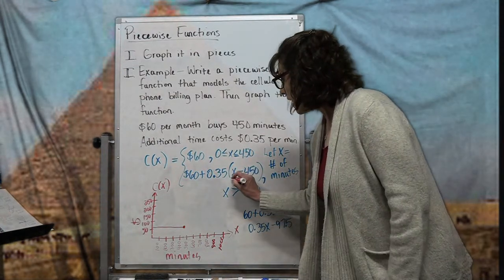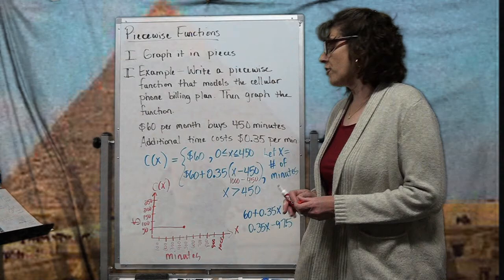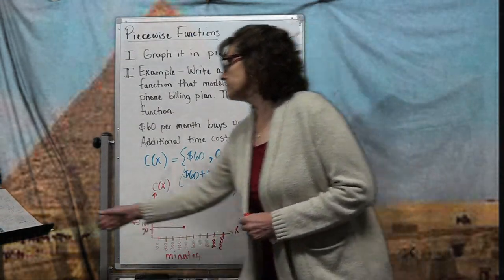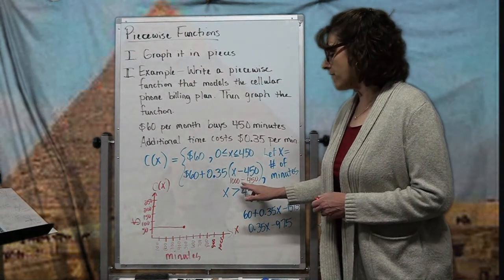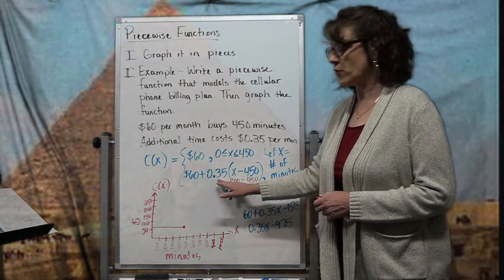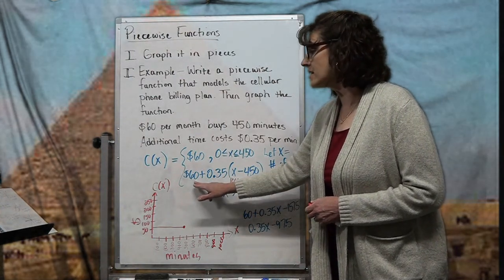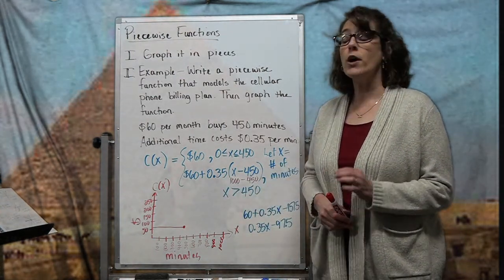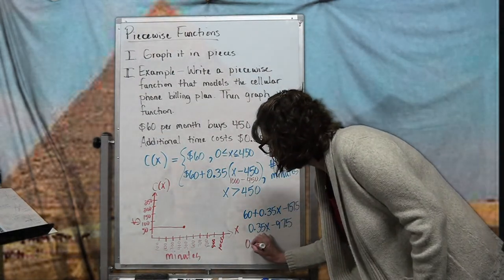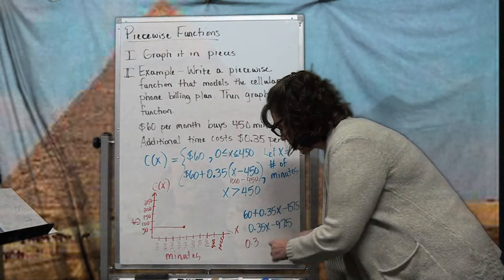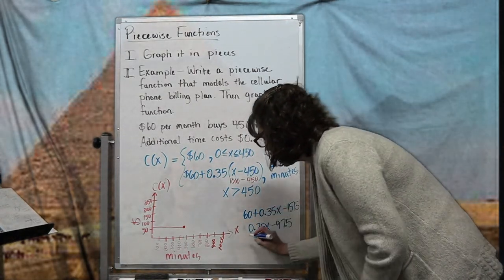Here, I would do 1,000 minus 450, which is 550, and then multiply the 550 by 0.35. 550 times 0.35 plus 60 is actually going to be 252.5.